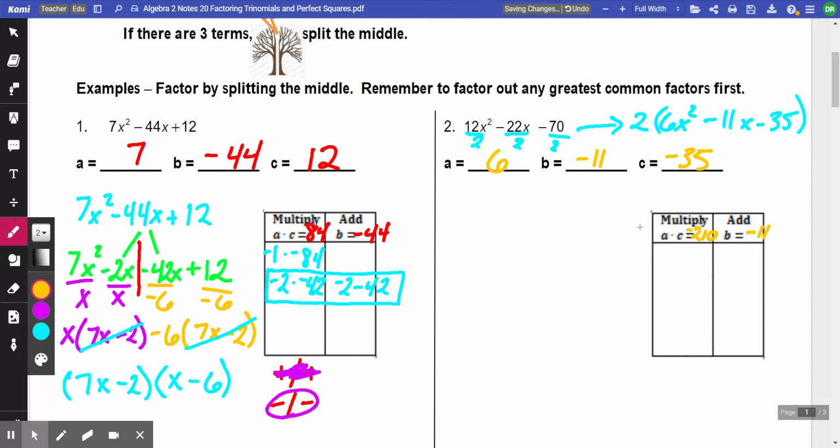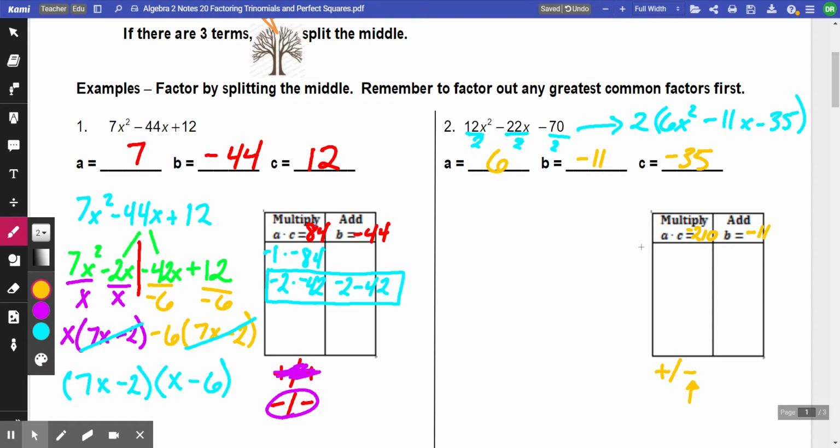Okay, and so what we can do now is start figuring out what numbers can multiply to -210. If we're multiplying to a negative, we do know that we need a positive number and a negative number. And because we're going to combine these two numbers that have different signs to be a -11, that is going to mean that the negative number is going to be the larger number.